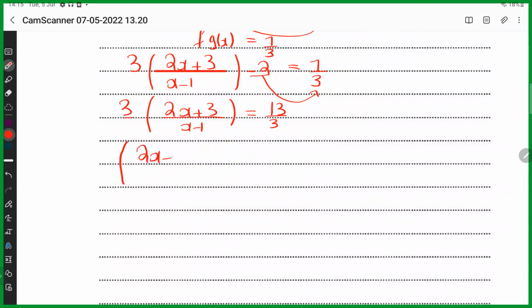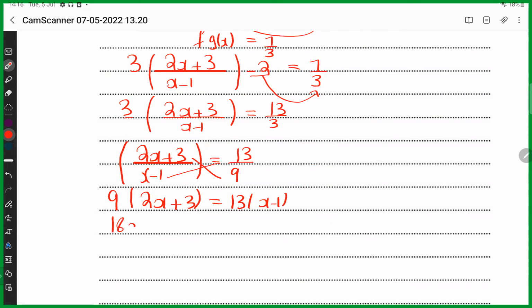It's (2x plus 3) divided by (x minus 1) equals 13 by 9. Now I can just cross multiply, and it would be 9 into (2x plus 3) equals 13 into (x minus 1). So 2 into 9, 18x plus 27, and then 13x minus 13.